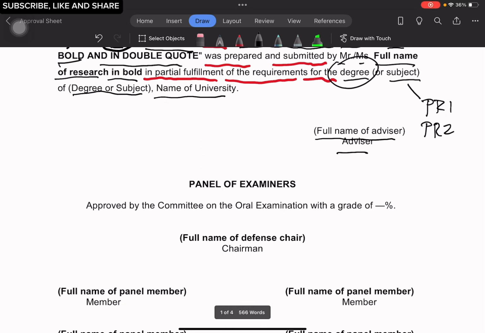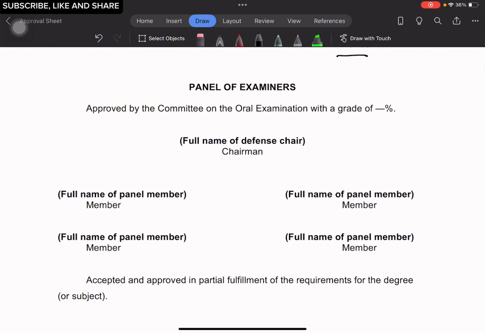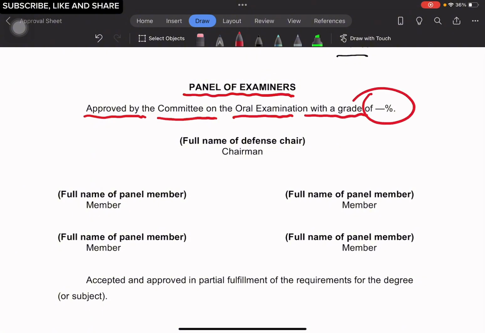The next part of our template will be the panel of examiners. Again, this will be considered as constant, as is. Okay, and then again, this is still part of the constant in our approval sheet template, and this part should be the space where you or the committee would place their grade or the grade of the research or the study.